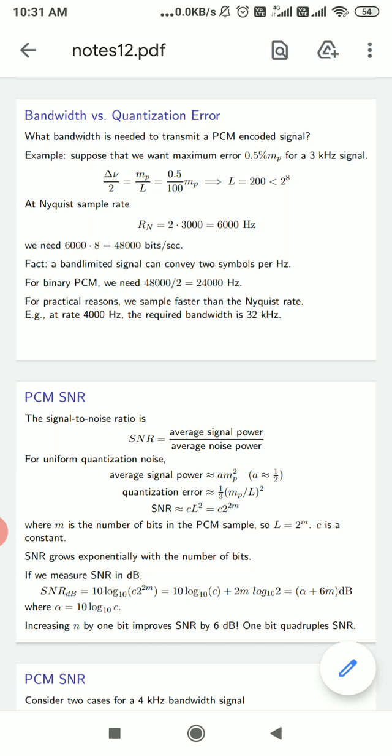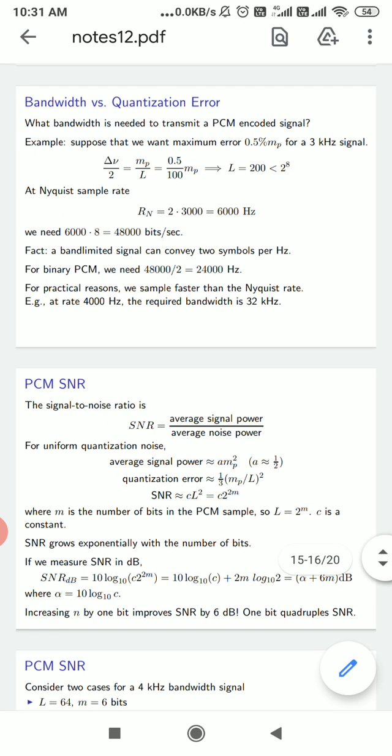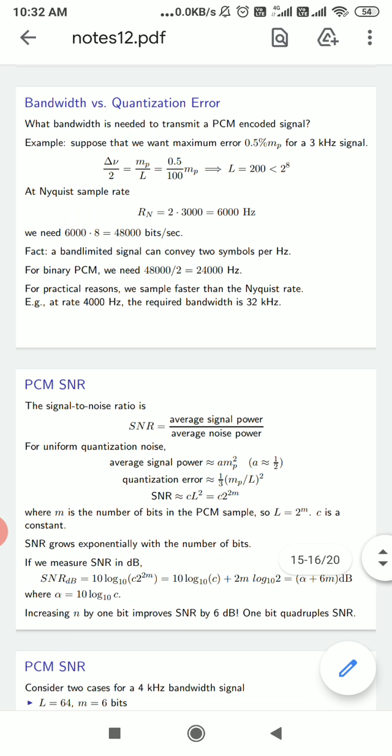And here they are saying for a 3 kilohertz signal. It means F max is 3 kilohertz. According to the sampling rate, Fs will be 2 F max, so 2 into 3 kilohertz. You will get sampling rate Fs, or Rn, equal to 6000 hertz, or 6 kilohertz.